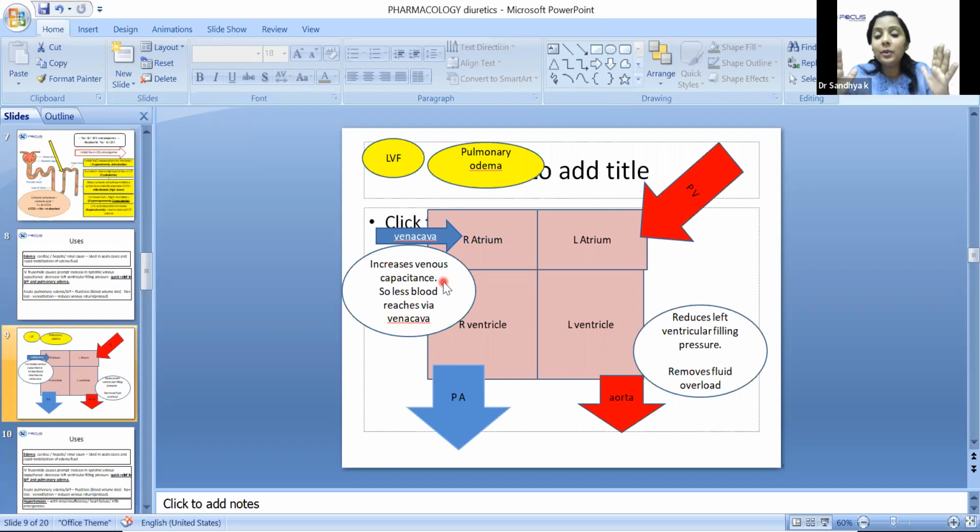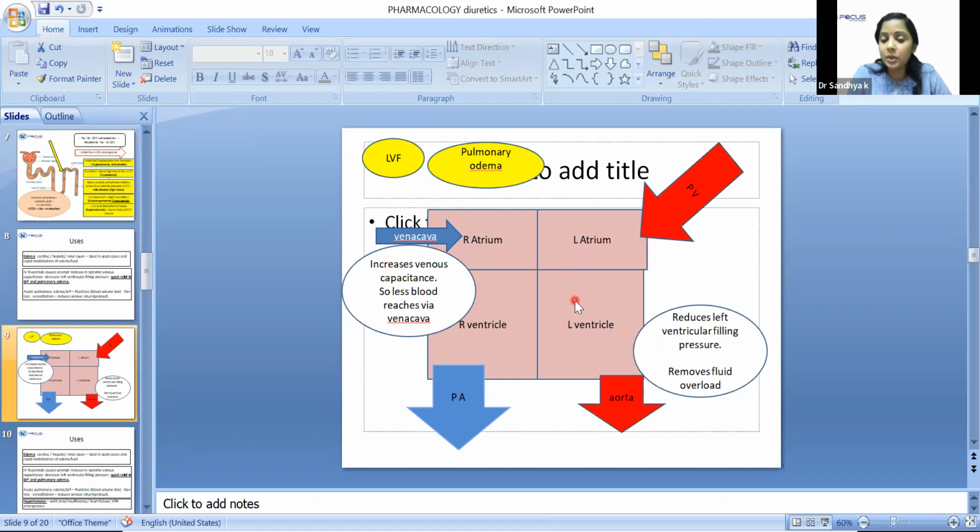Venous capacitance is increased, so there will be sufficient space or room for the blood to be pooled up in the veins, which means the amount of blood reaching back via the vena cava will be reduced. So it will reduce the blood reaching the heart, because there is heart failure. So the heart does not have to take a large amount of stress. The cardiac load will be reduced to a certain extent.